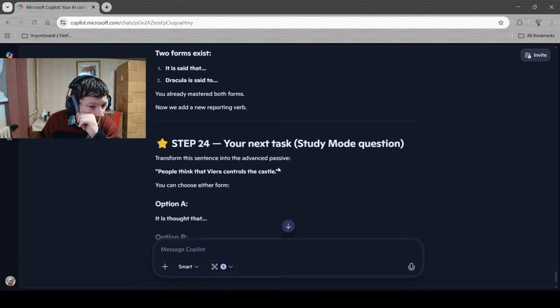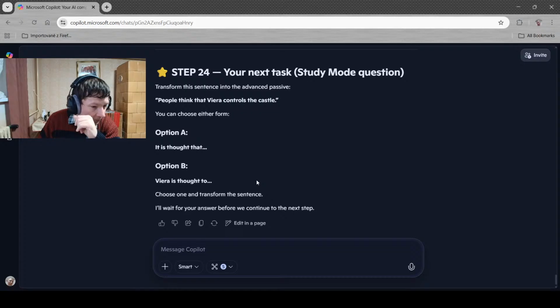Transform this sentence into the advanced passive: People think that Viera controls the castle. Viera is thought to control the castle. You have to wait.